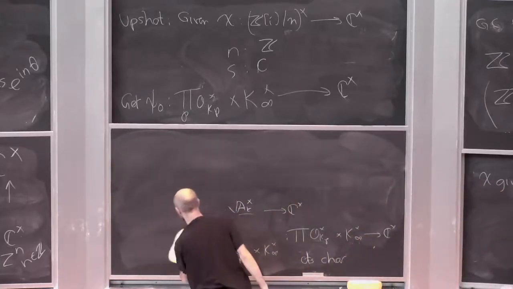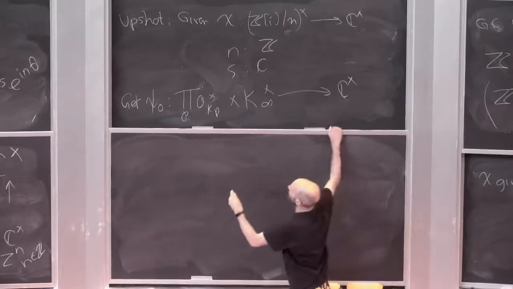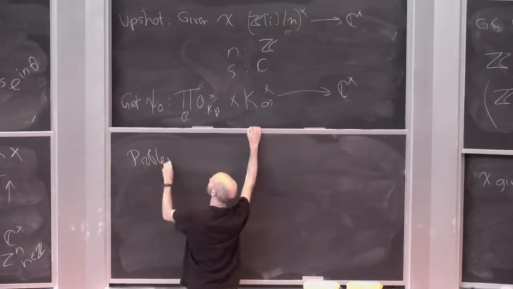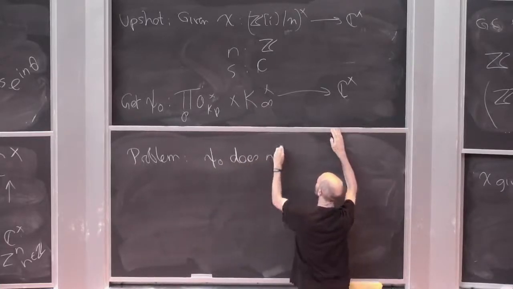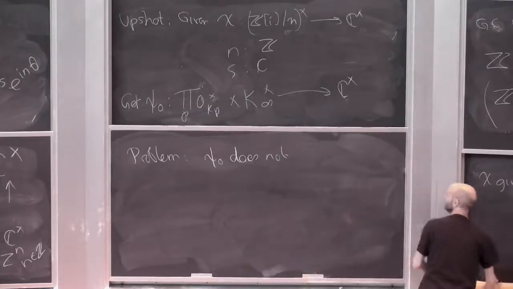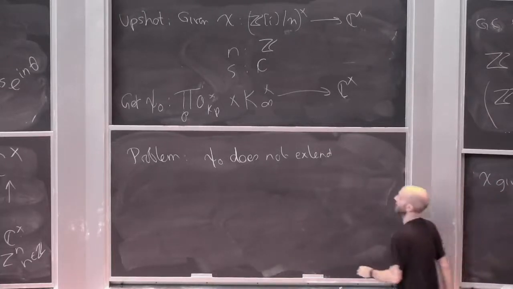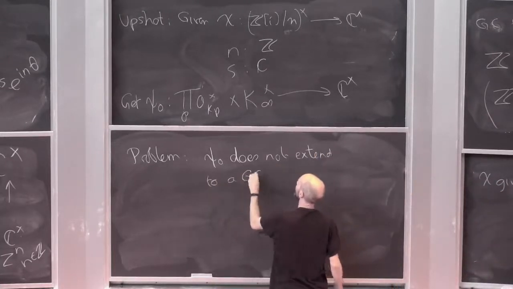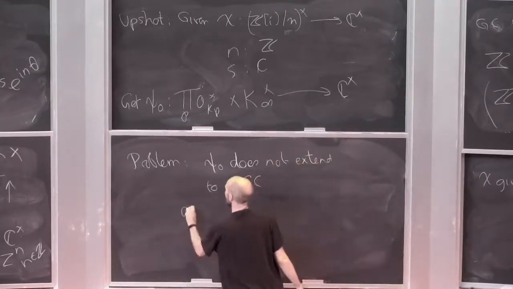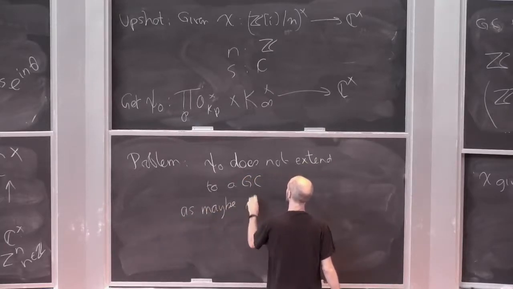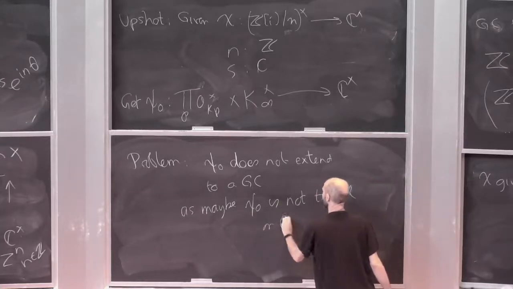We get psi 0 from this, right, so the problem is we get psi 0, and then the problem is that maybe psi 0 does not extend to a Grössencharacter, because of this stupid fact that it's this O_K star, because maybe psi 0 is not trivial on O_K star, right?